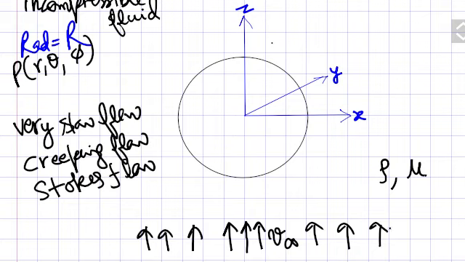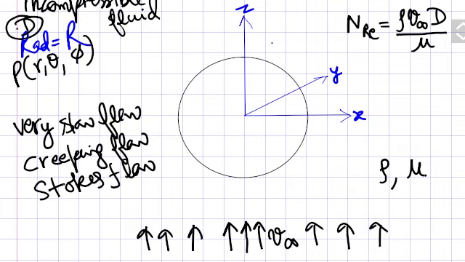And now we can find the Reynolds number, NRE. You already know rho, the velocity is this, and the diameter of the sphere is d.